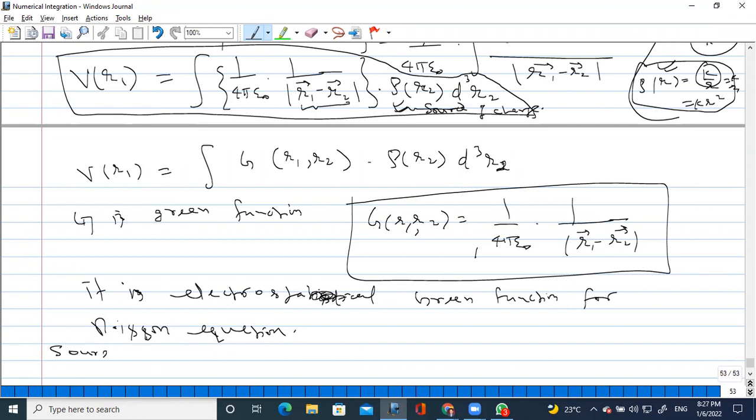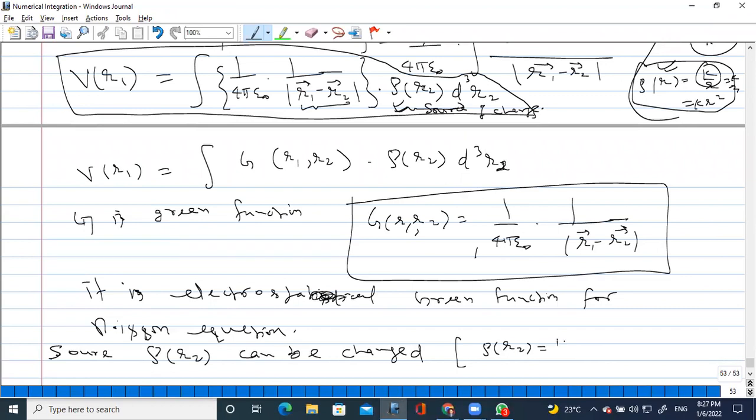You can say the source rho R2 can be changed, meaning the form or type of that source density can be changed.